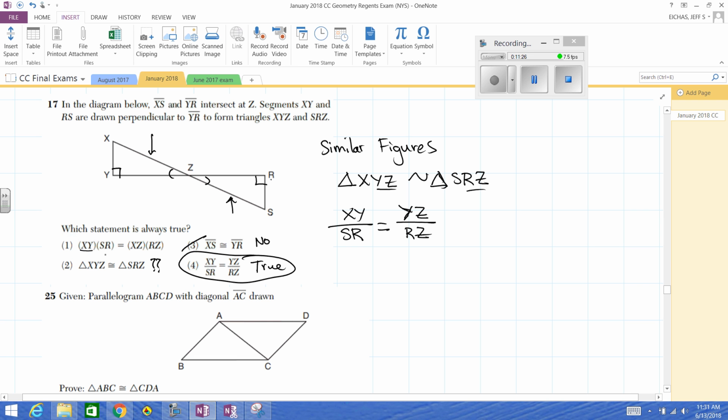Okay, if I was converting this, this is the result of a cross multiply problem. It would go like this. And then XZ and RZ. Let's check this out based on our similarity statement. Does XY correspond with RZ?